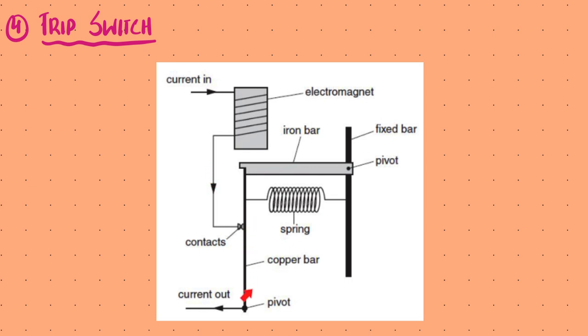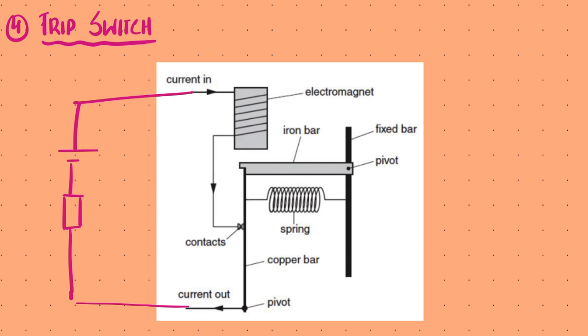So this circuit, whatever it was part of from here, if I just draw it, is maybe like a circuit which contains a battery and a resistor, right? So when this current becomes large enough, this iron bar goes upwards because it would be attracted by the electromagnet because of induced magnetism.